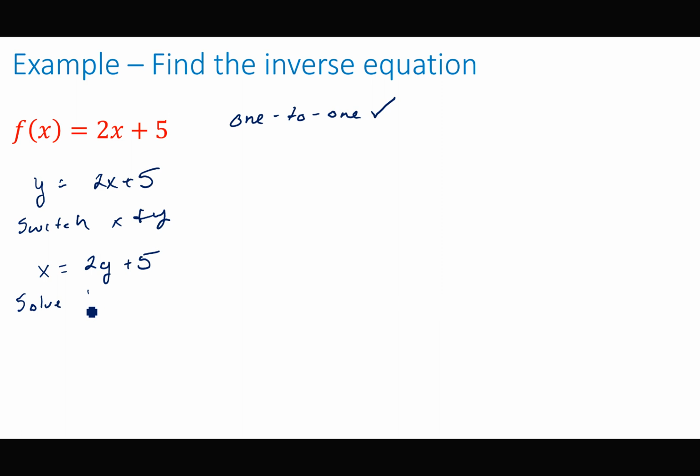Next, solve for y. So if I have x equals 2y plus 5, I could subtract 5 from both sides. And then I want to divide that coefficient of 2 away. So I end up with y equals x minus 5 divided by 2.